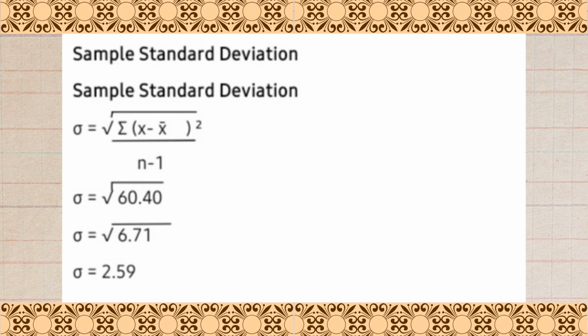So of course, here in our example, 60.40 is the sum of squared deviation divided by 9. Why 9? Because 10 is the sample size minus 1. So 60.40 divided by 9, the answer is 6.71. We need to get the square root of 6.71, so the answer is 2.59.